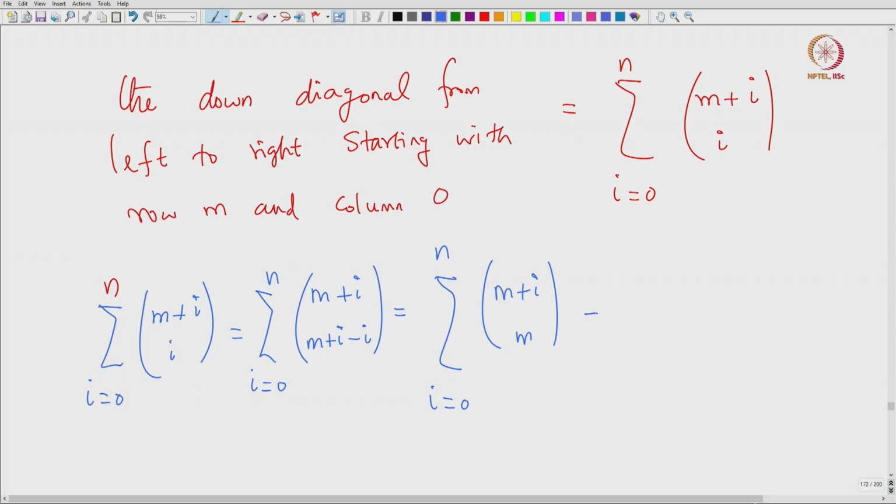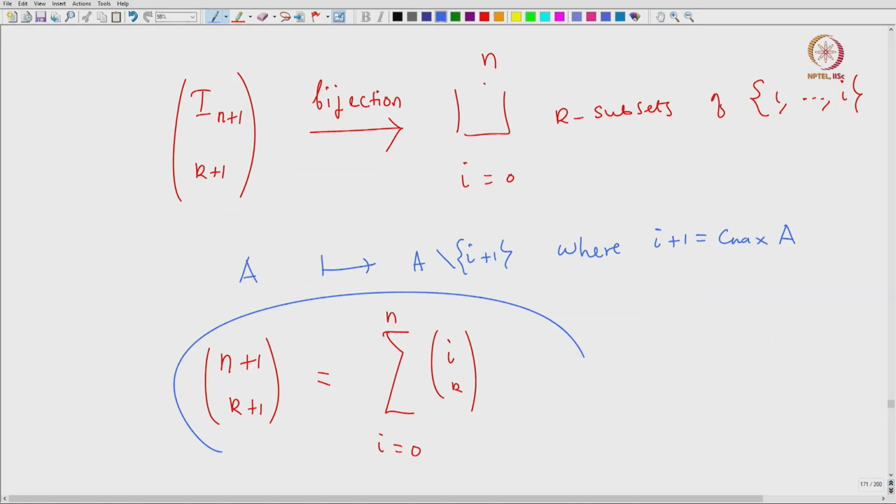But this is the same as saying you take the summation of k choose m, where k is running over 0 to m plus n, which is similar to what we have seen here. You take the summation of I choose k, I ranging from 0 to n, and that is given by n plus 1 choose k plus 1.